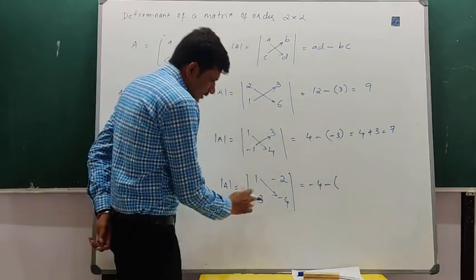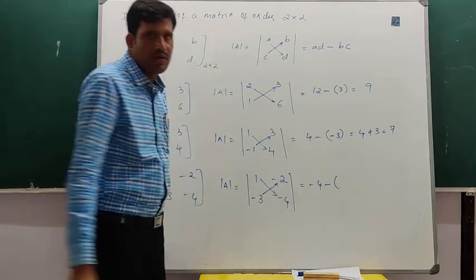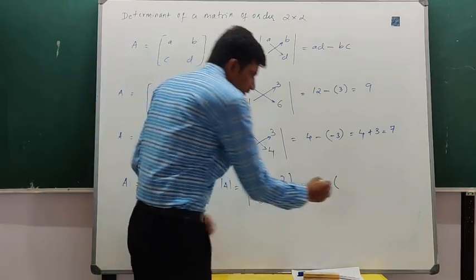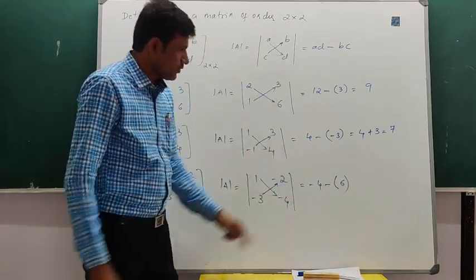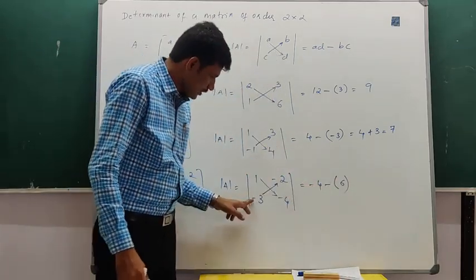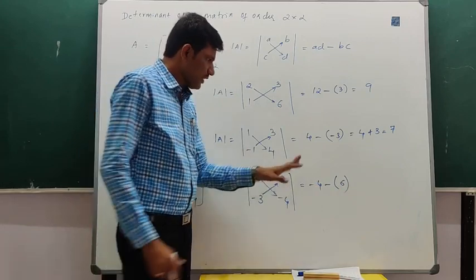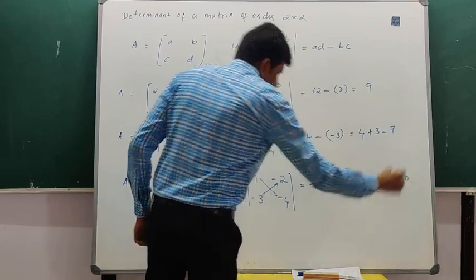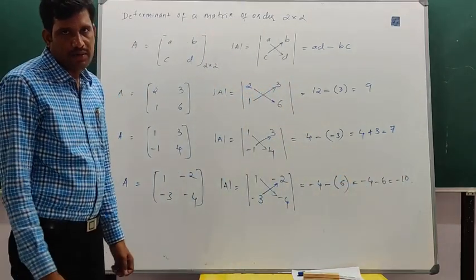Next we multiply these two: minus into minus is plus, and 3 into 2 is 6. So now it is minus 4 minus 6, which is minus 10.